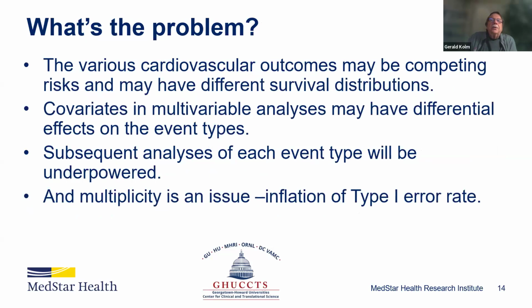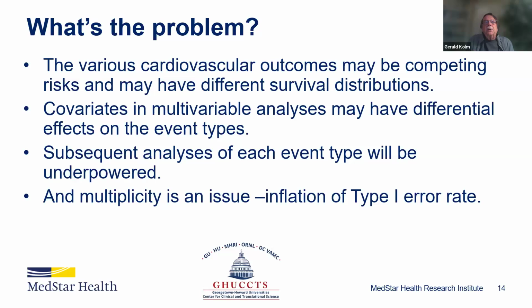So what's the problem in combining outcomes into one event? The issue is that the particular cardiovascular outcomes may be competing risks for the other outcomes in the multiple outcome event or variable.